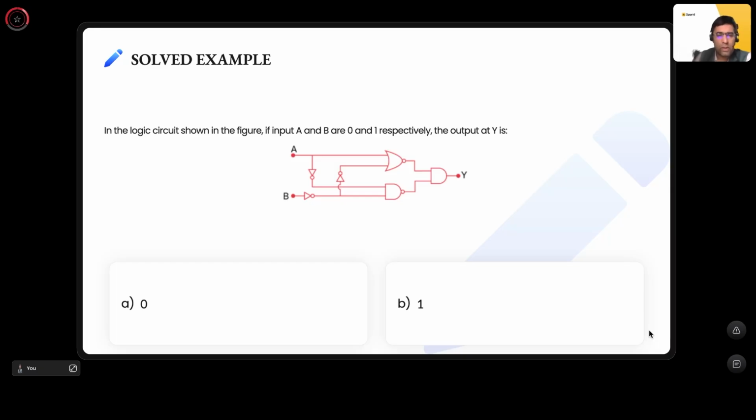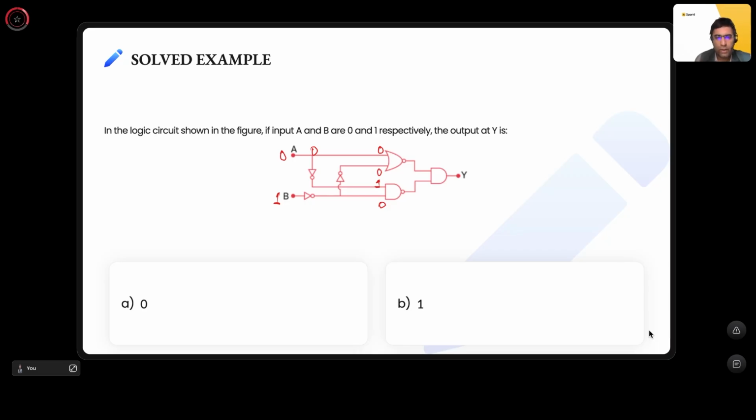So when 0 is given at A and 1 is given at B, let's see what it becomes. The 0 here is passed through a NOT gate, so this is 1 over here and 0 over here. Here it will be 0 and 1, and its opposite, here it will be 0.